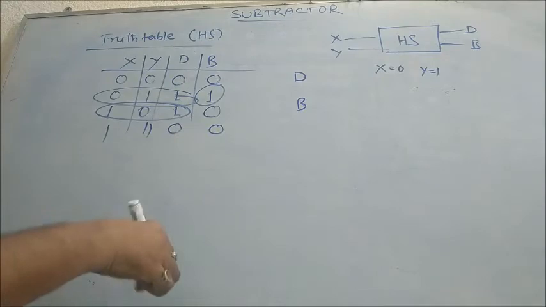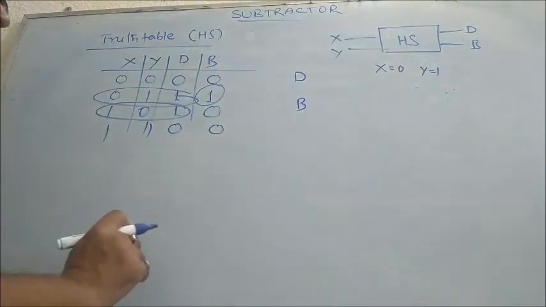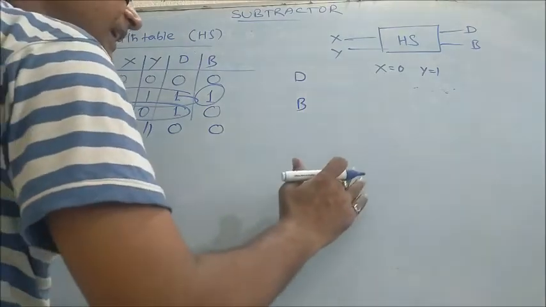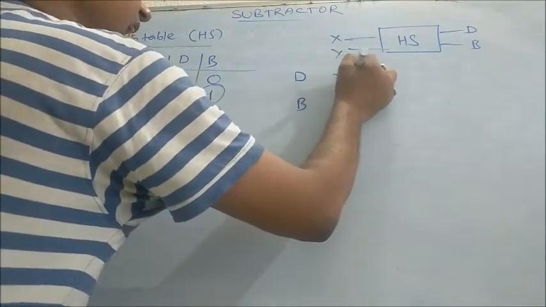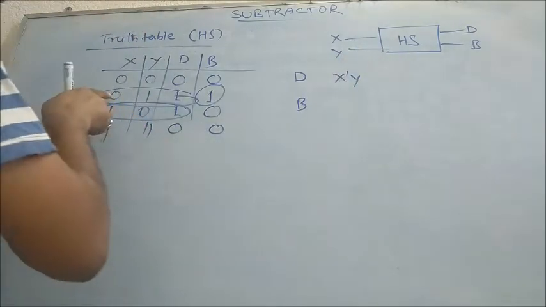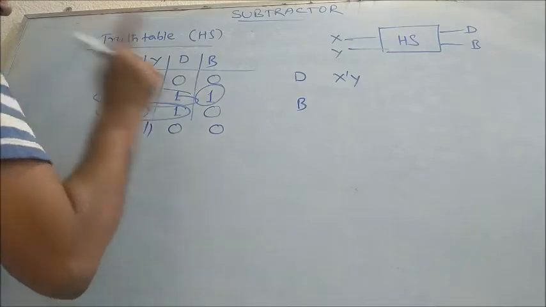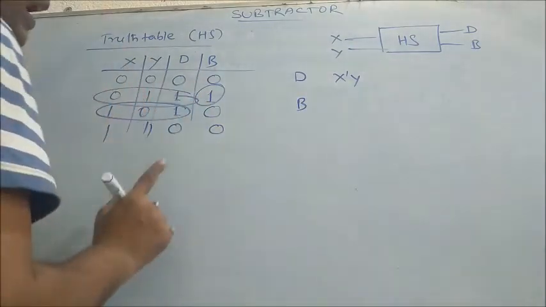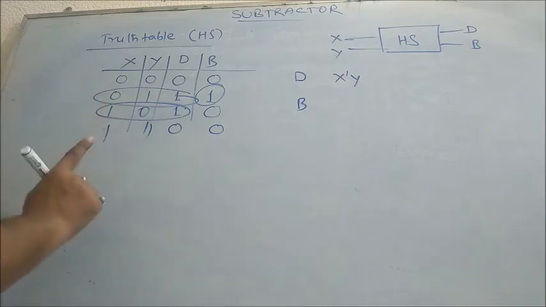While converting into a logical or Boolean expression, we can write it as x dash y. X dash means x is equal to 0, and for 1 we take the non-complement, right?